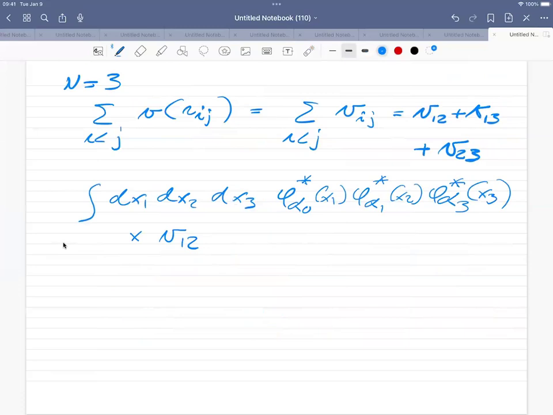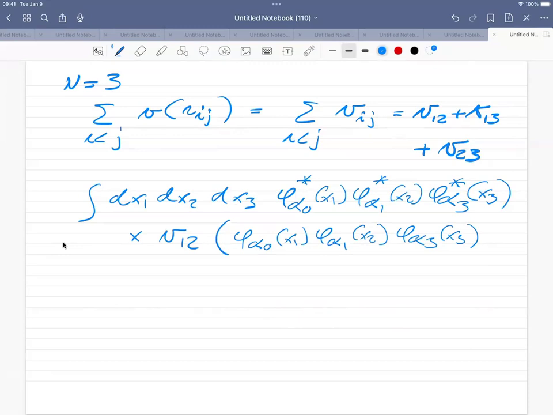So when I write out the Slater determinant now of all these possible contractions, I will obviously have one term which goes like phi alpha 0 of x1, phi alpha 1 of x2, and phi alpha 3 of x3. That's the first term when you write out your determinant, a 3x3 determinant.